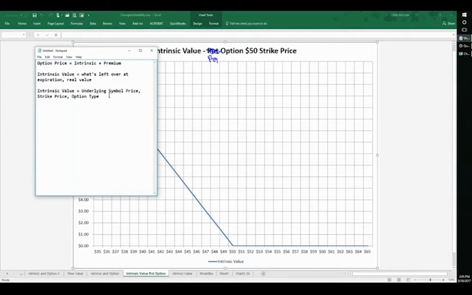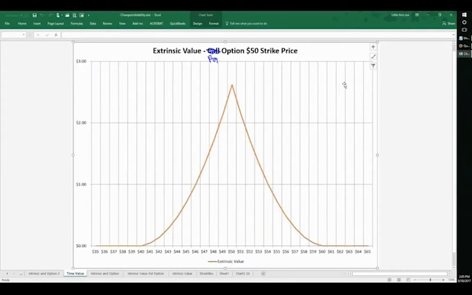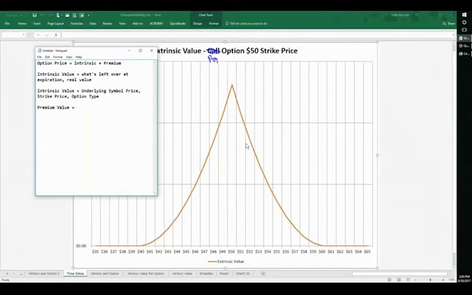So then let's talk about the premium. The premium value, if we go back and we look at that picture all by itself, the premium value is a function, of course, it looks like the underlying symbol price.